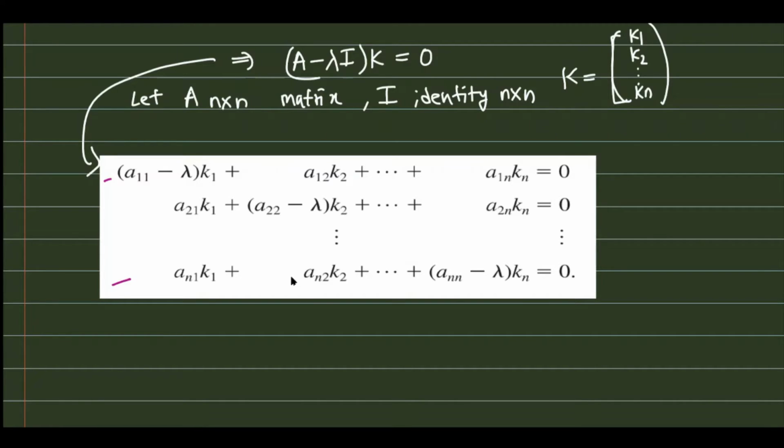Like that, the last equation is AN1 K1 plus AN2 K2 plus etc., (ANN minus lambda) Kn equal to 0. So we get a system of equations in this form.